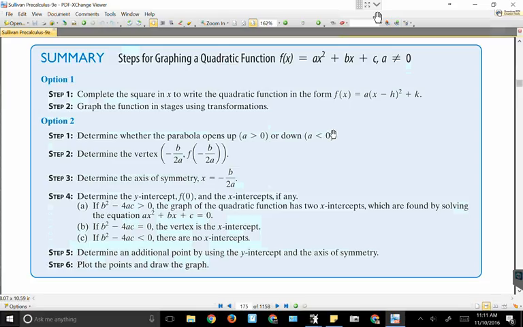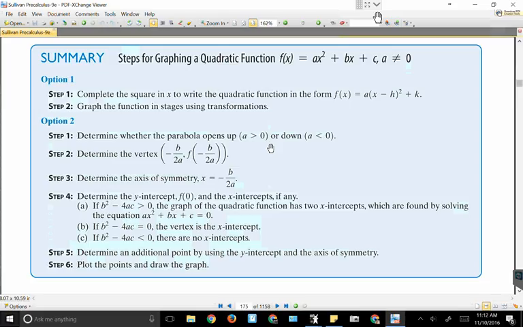Does it open up or down? Well, we know that it's going to be opening up or down based upon a. If it's positive, it opens up. If it's negative, it opens down. We've got a lot of quick things here that we can deal with. I mean, steps 1 to 3 are like that. Okay? Very little calculation. They pull out the values, plug them in.